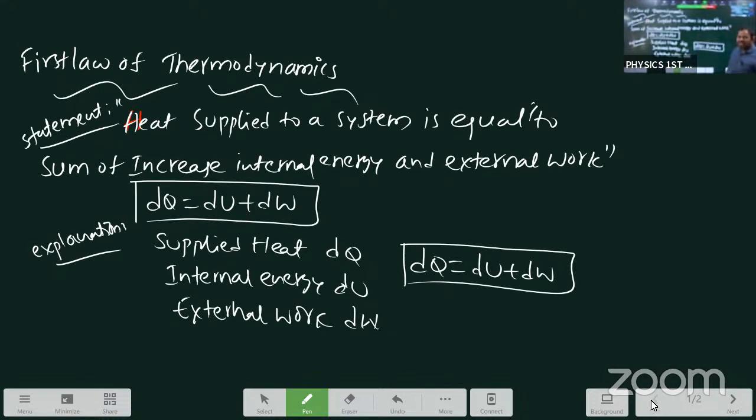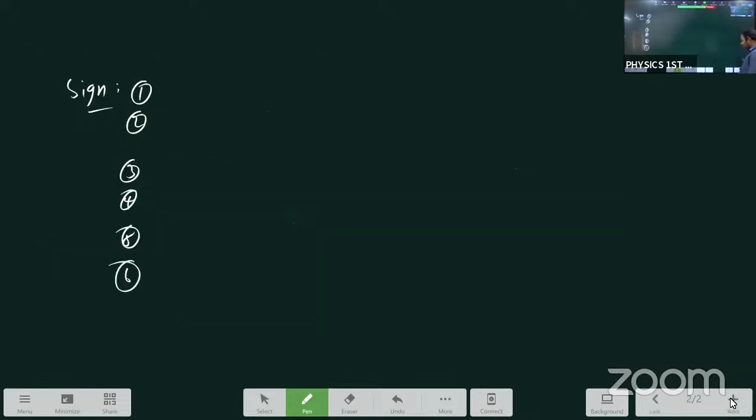When heat is supplied to a system, dq, the heat given to the system, is positive.